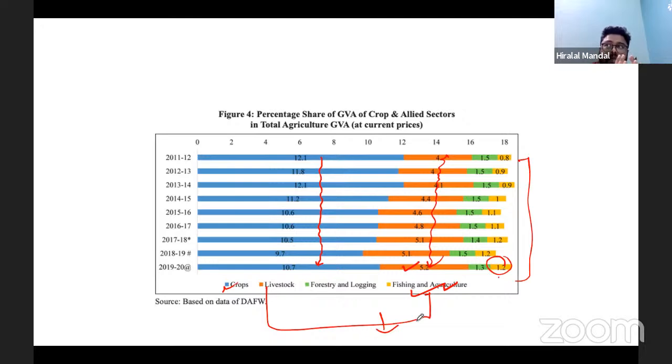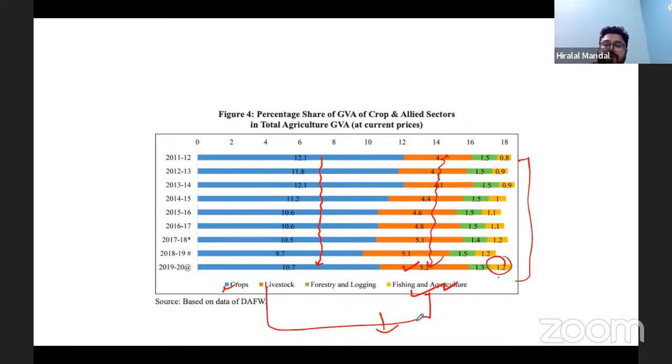So it suggests, first, that there is diversification going on in agriculture. Second, that livestock, fishing and aquaculture can offer a better alternative to the farmer. They can complement farmers' efforts to enhance their income. Therefore the government should promote livestock farming as well, in order to enhance the earnings of the population.